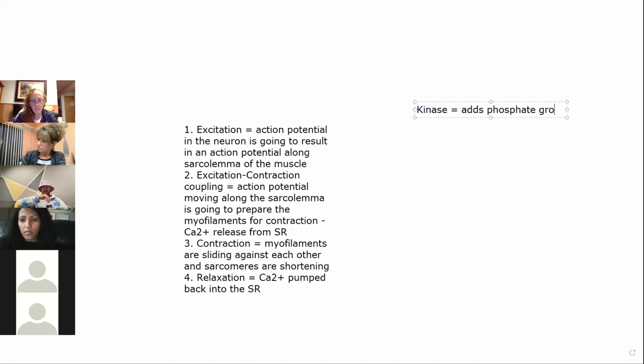Remember that phosphate functional group that we talked about in like chapter 2, really, really long time ago? They add phosphate groups to lots of different things.